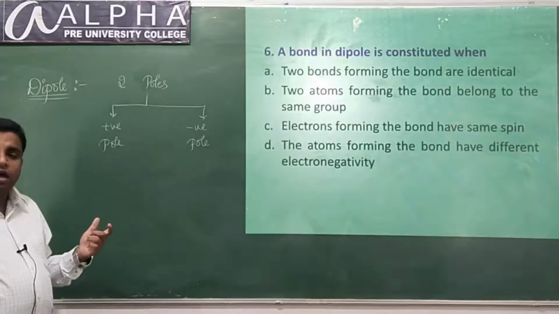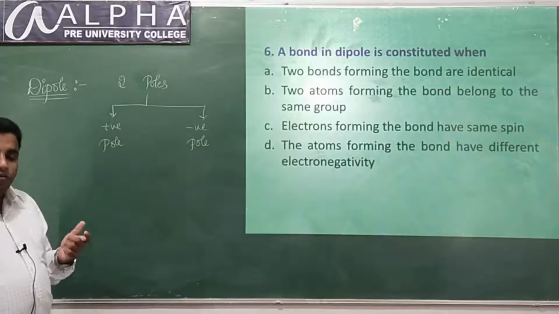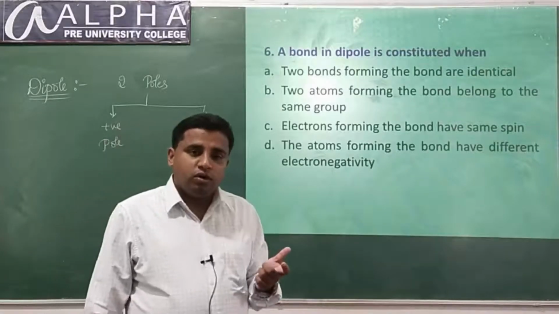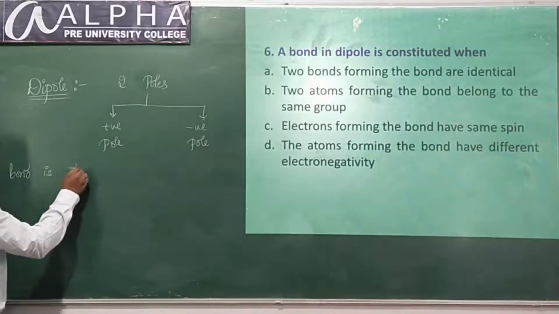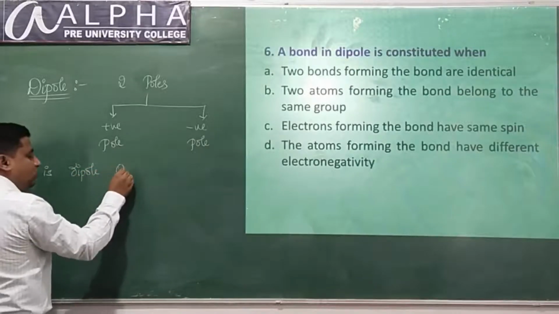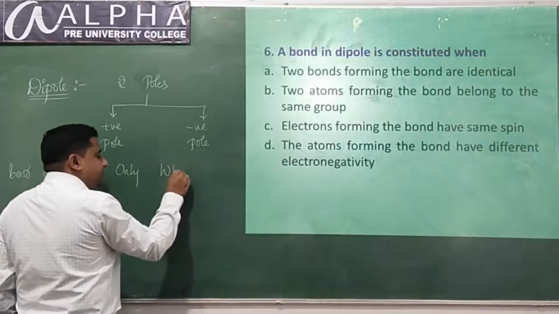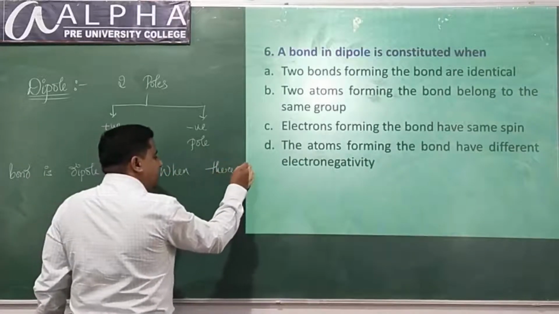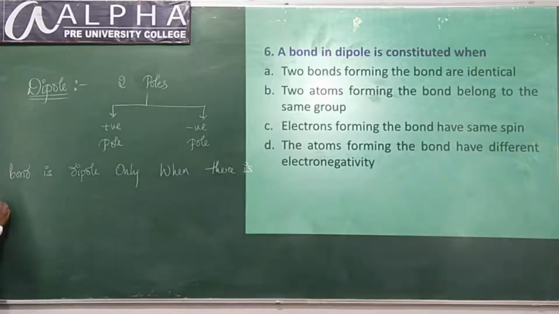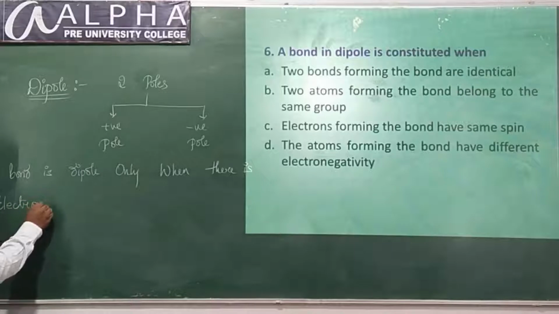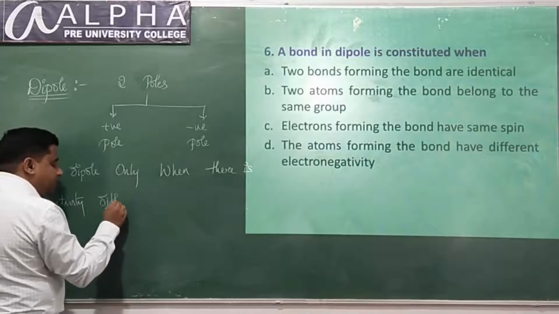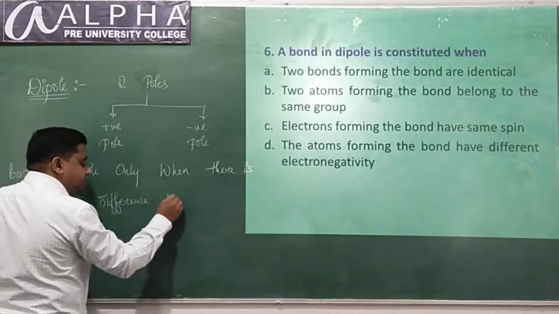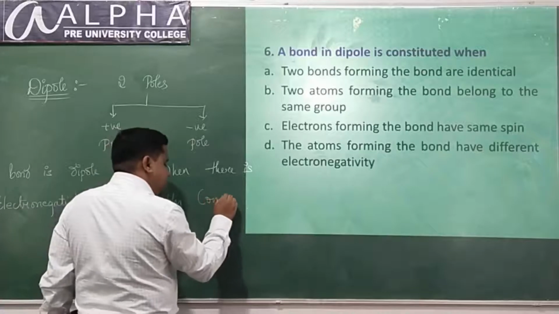When will you say that a bond is dipole? Please observe this: a bond is dipole only when there is electronegativity difference between the combining atoms.